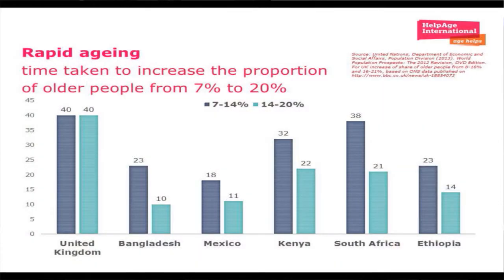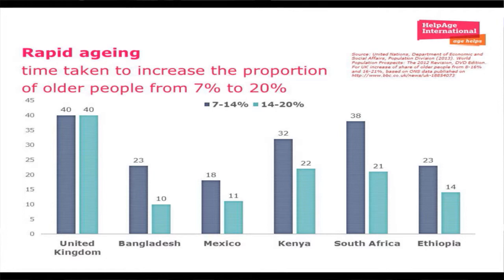This illustrates the time it has taken the developed or Western world to age. In the UK, it took 40 years to go from 7% to 14% of the population, and another 40 years to go from 14% to 20%.